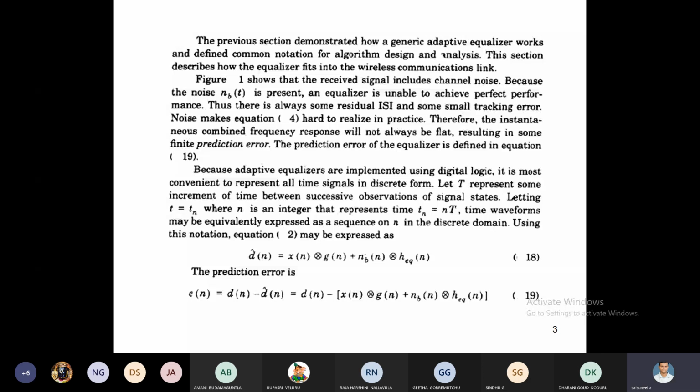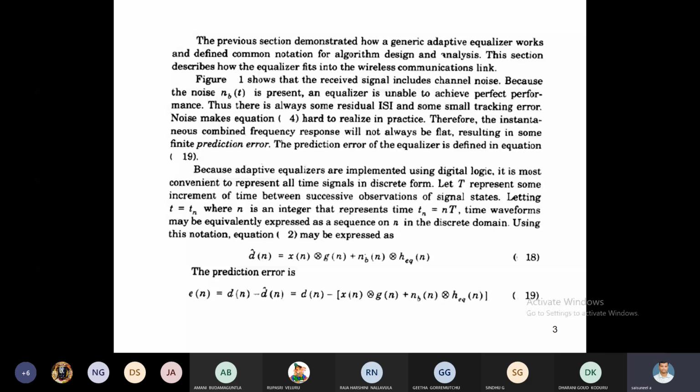We don't know whether the received signal contains error or not, but we have to assume that the output is in error, that is, prediction error. By using adaptive equalizers, we implement a way to remove that ISI interference.